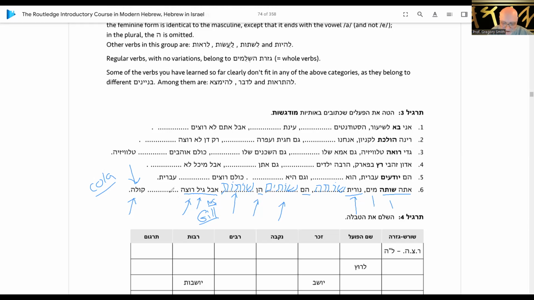This is a trick question. Oh, we need a Coca. Yeah, Coca-Cola. Aval Gil rotse Coca-Cola, but Gil wants Coca-Cola. So we should have shota, shotim, shotot, and Coca-Cola in the answer key.